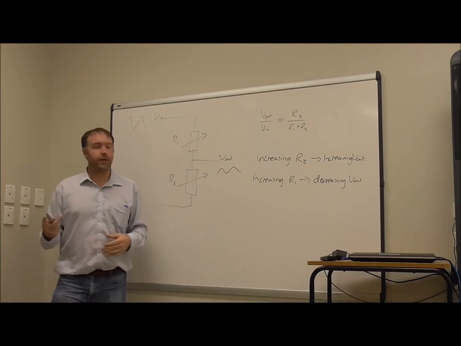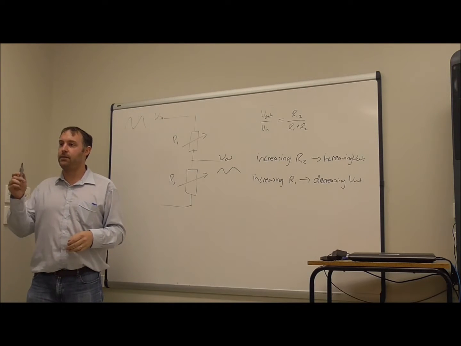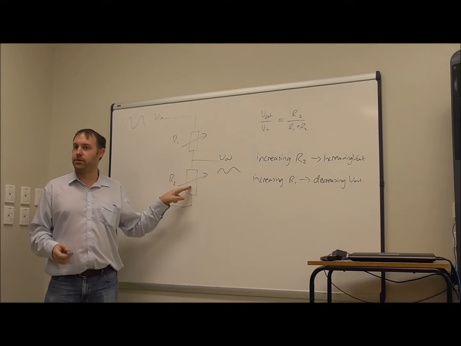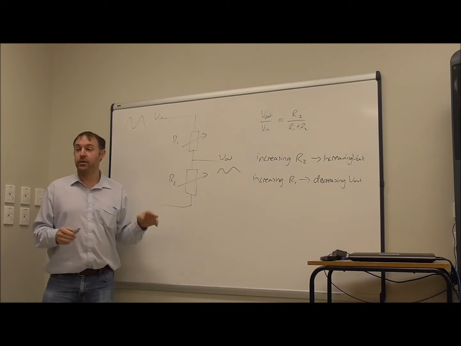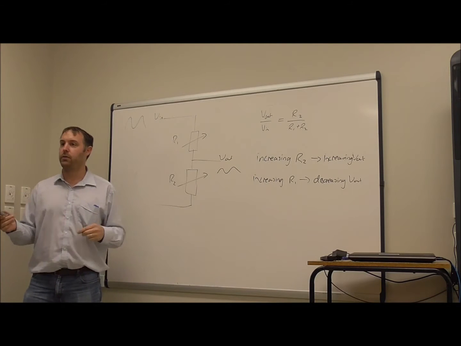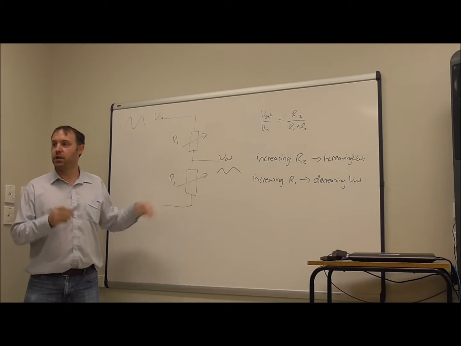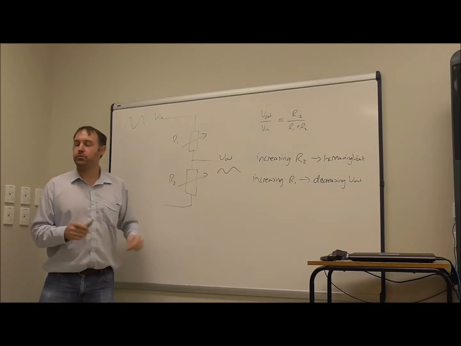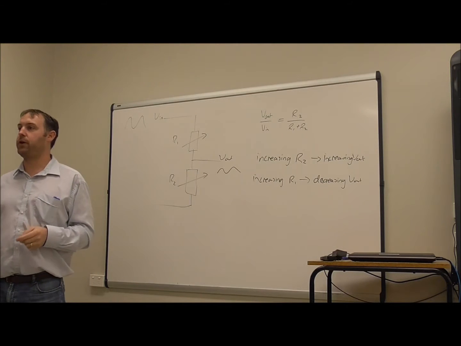The key thing with a filter though is that we're going to be looking at components that behave a bit like a resistance. They have something called reactance, and that reactance is still an opposition to current flow. We've been calling it resistance up to now, but it's a little bit more detailed than that, because reactance is an opposition to current flow that is different at different frequencies.